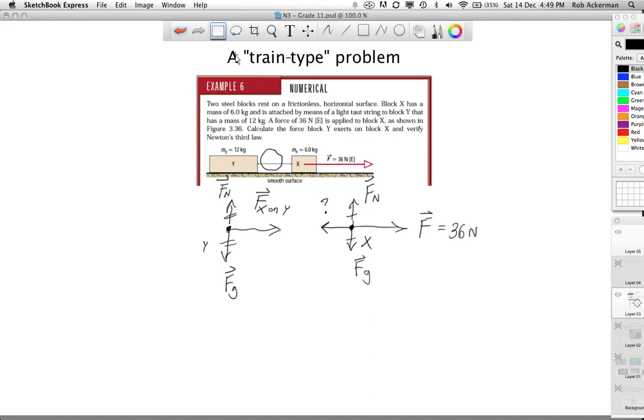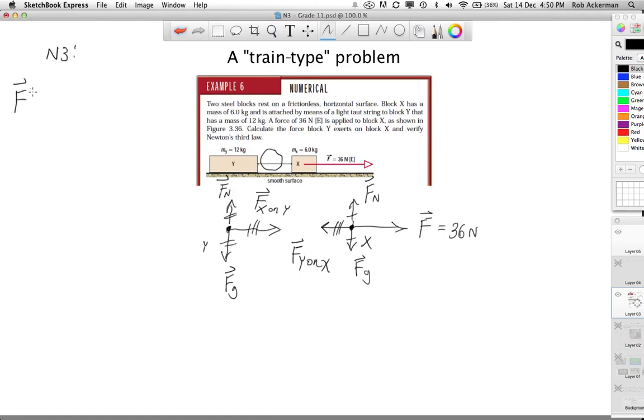But now we're going to solve our mystery here of what is this question mark force. Well, here's what this question mark force is. If we know that X is pulling Y forward, what does Newton's third law tell us? It tells us that Y has to simultaneously pull X backwards. And therefore, this force, 3 tick marks, is equal to this force, 3 tick marks, because of Newton's third law, which tells us that these forces are equal and opposite.